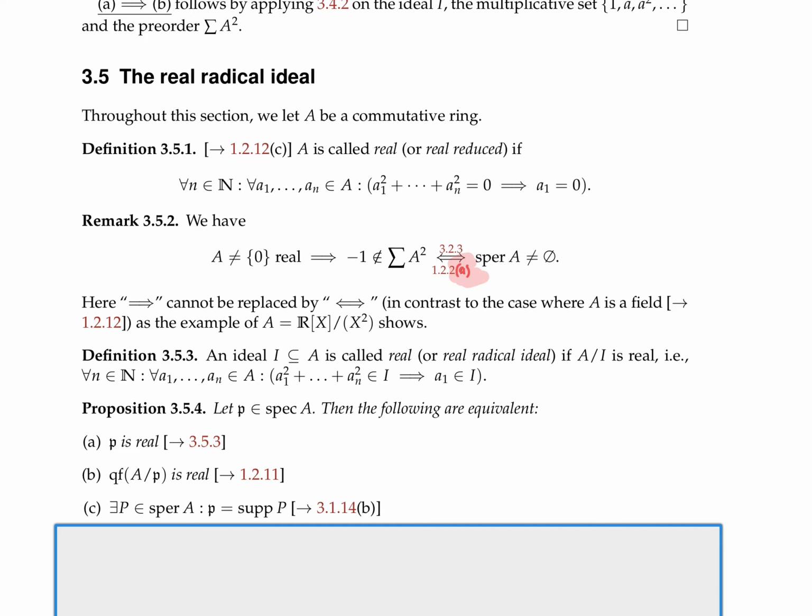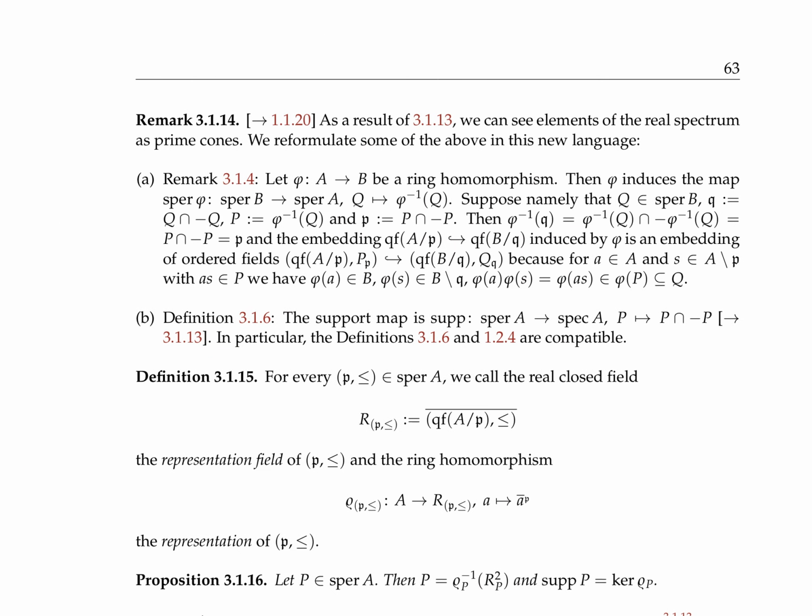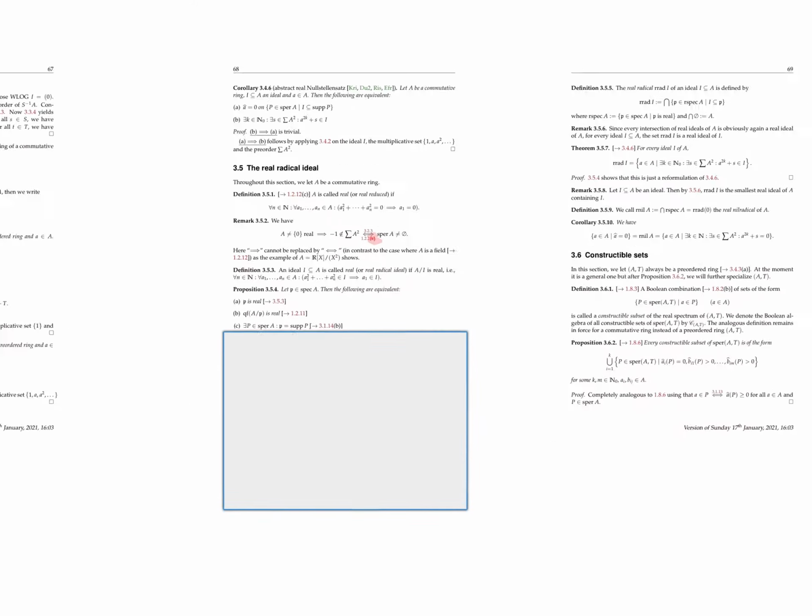So here I refer to 3114b. Let's see what that was. It was just a definition of a support, right? The support of the cone is the cone intersected with minus the cone, which is a prime ideal.